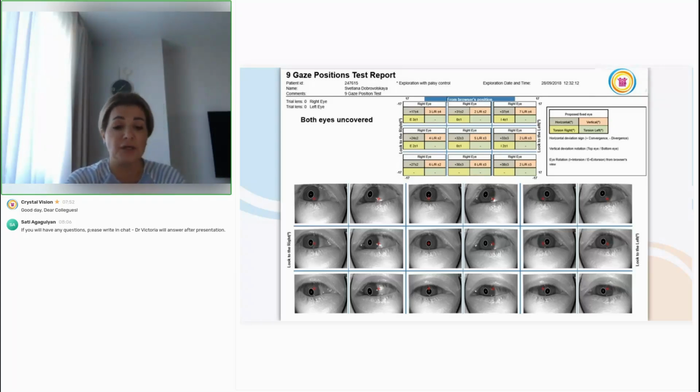It's significant to emphasize that this method can be applied for small patients, for small children, for patients with low vision, non-central fixation, and for patients with nystagmus.